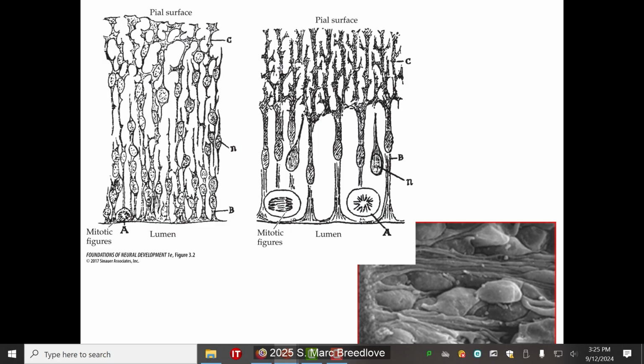And of course, they can't see any of this in living cells. All they can see is dead stuff. But they realized that these were chromosomes and that cells were going through this. And so they inferred that probably these cells were dividing, and that in dividing, they were somehow duplicating chromosomes and divvying up the chromosomes between the two of them, right?